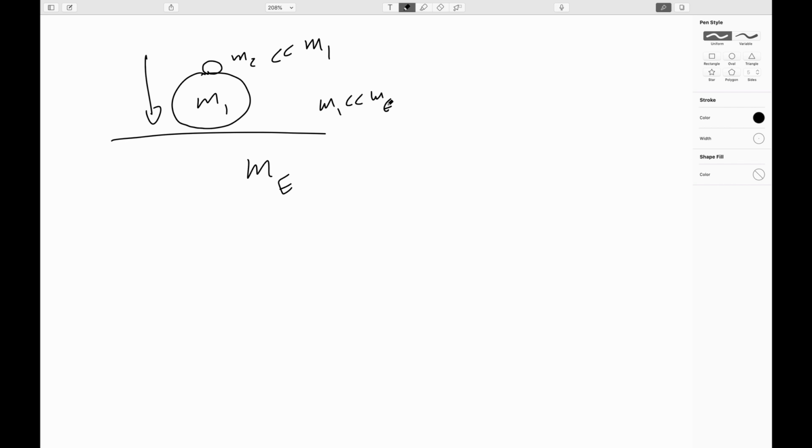Because in order for these collisions to happen, the objects actually have to squish. There's an interesting point where the basketball has completely flattened out. The super ball is still basically just traipsing right along. And then the basketball starts to expand and starts to push the super ball out of the way.